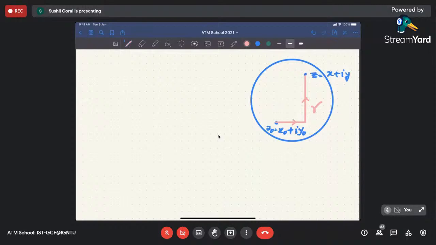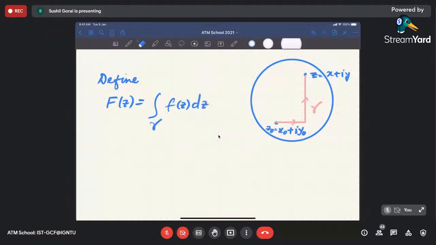This is your curve gamma. So you take gamma and define the primitive as we did last time. Define F(z) to be the integral over gamma of f(w) dw.